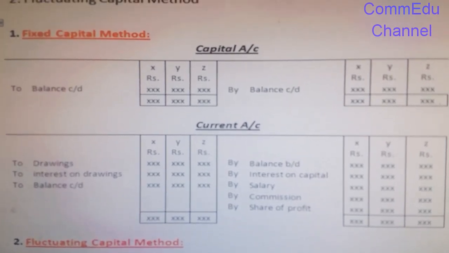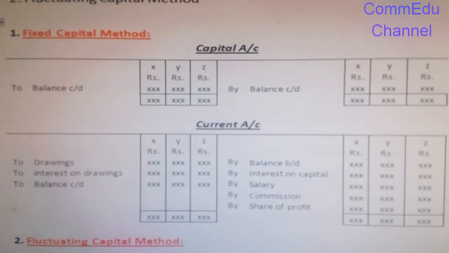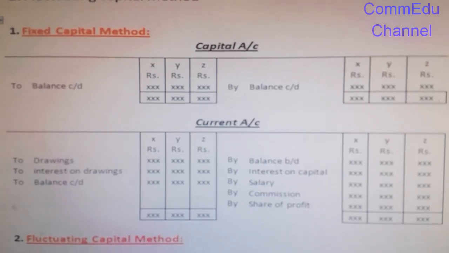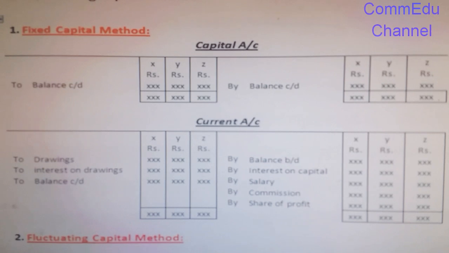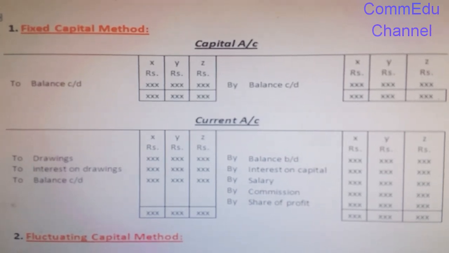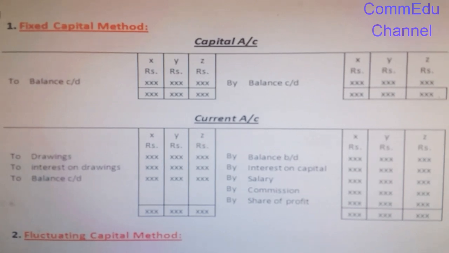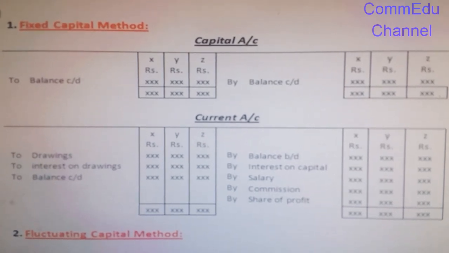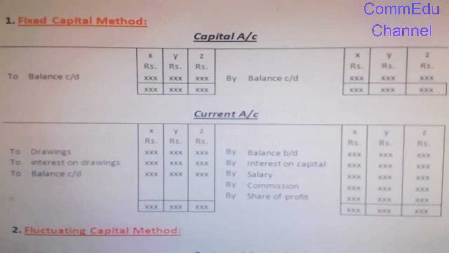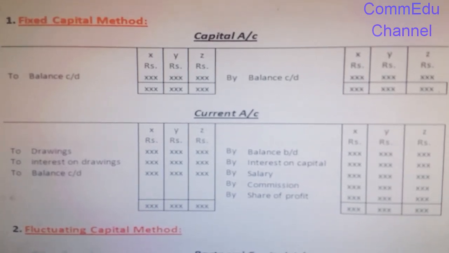In the current account, you have to write opening balance of current account, interest on capital, salary, commission and share of profit in credit side, and drawings, interest on drawings in debit side. Finally, you have to find out the closing balance of current account.